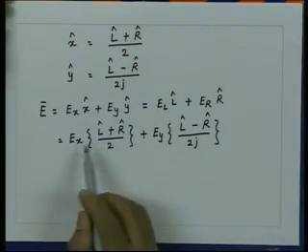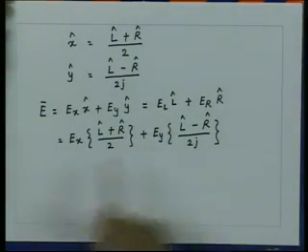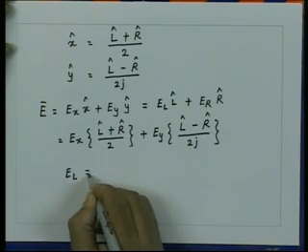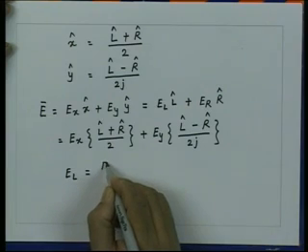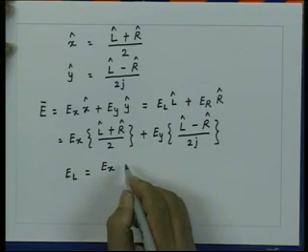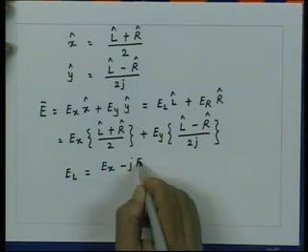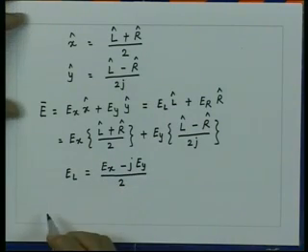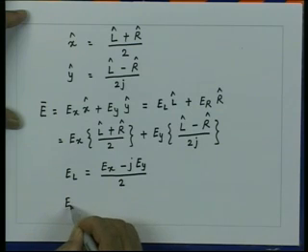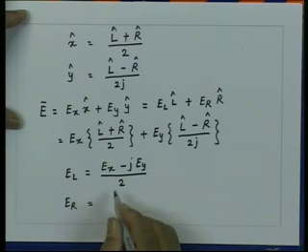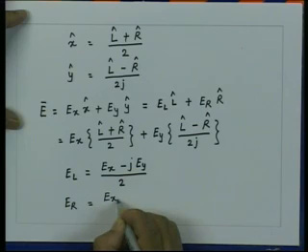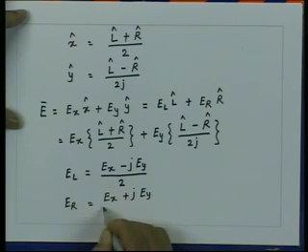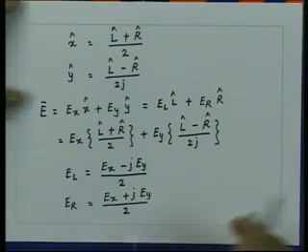So, separating the components corresponding to L and r, we get EL equal to Ex minus j Ey upon 2, and Er equal to Ex plus j Ey upon 2.